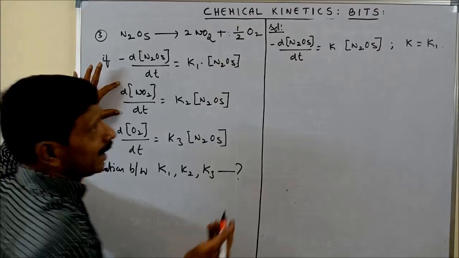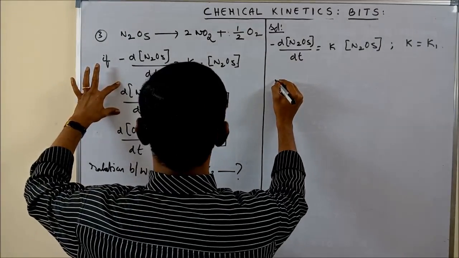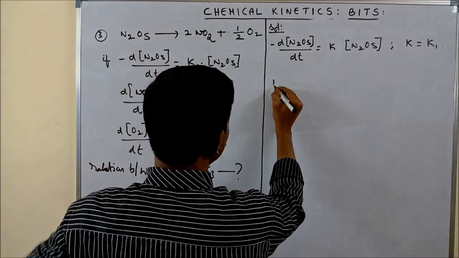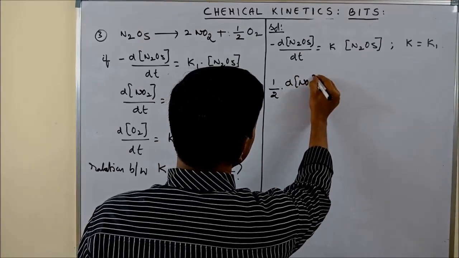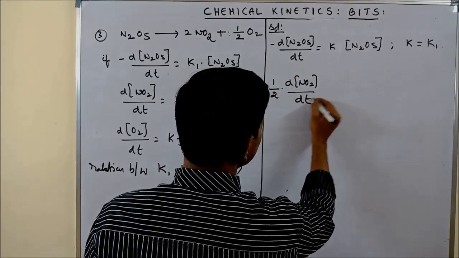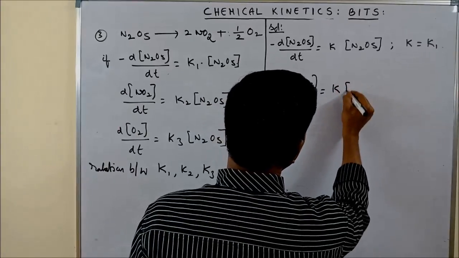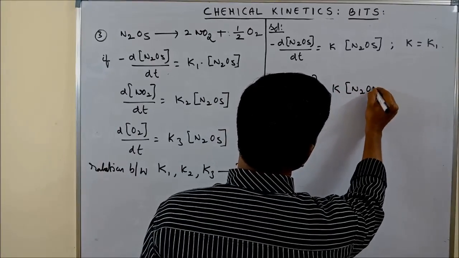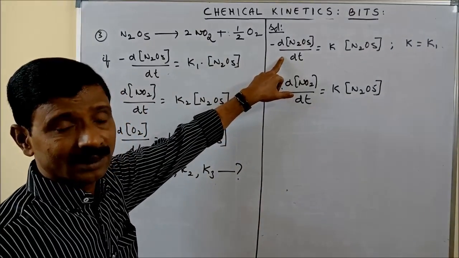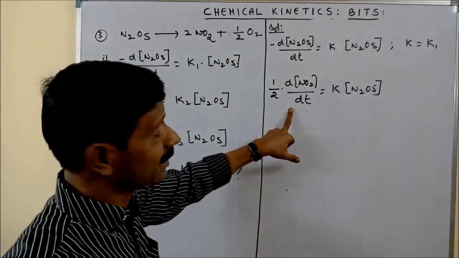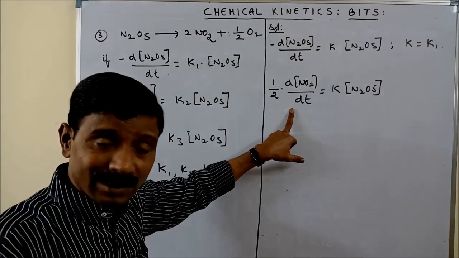So now we go for rate: 1 by 2 into d[NO2] by dt is equal to K into [N2O5], because that is the rate. This is the rate with respect to N2O5, this is the rate with respect to NO2, but rate is equal.